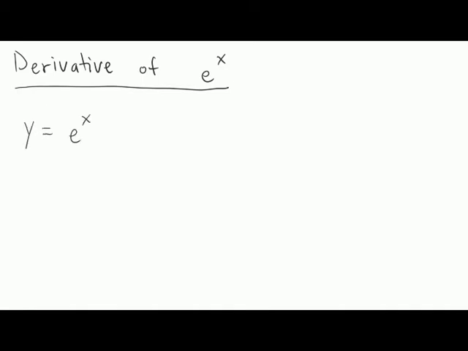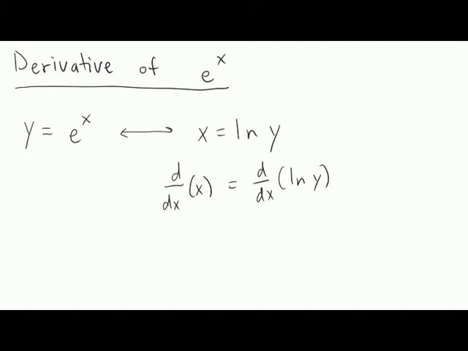We can now determine the derivative of e to the x. If we start with the equation y is equal to e to the x, well, this is the same thing as saying that x is equal to the natural log of y. We can then take the derivative of both sides with respect to x.